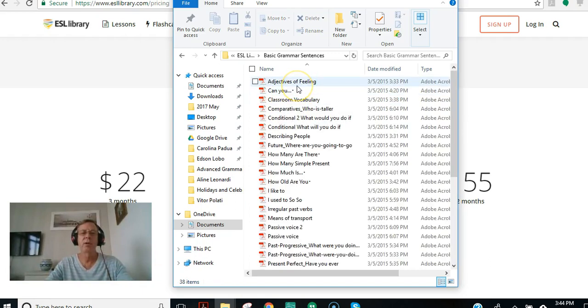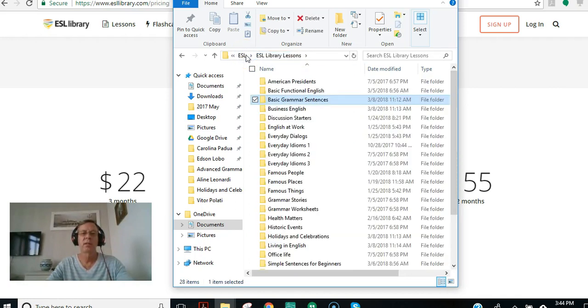So these are similar in design, but they're intended to cover particular grammar points. For example, how much versus how many, passive voice, things like this. And business English. I don't think they have the best materials for studying business English.